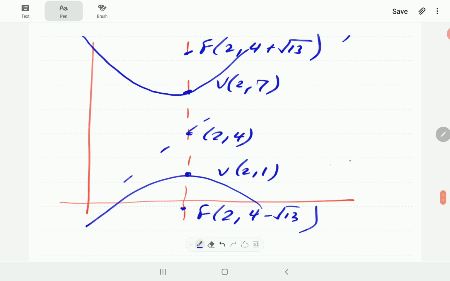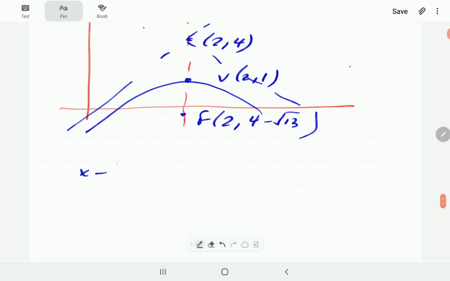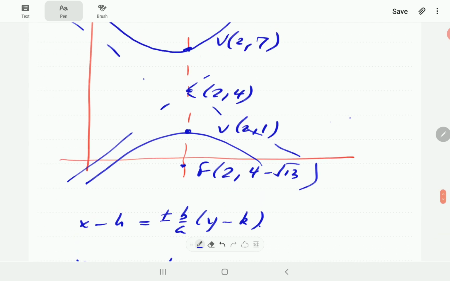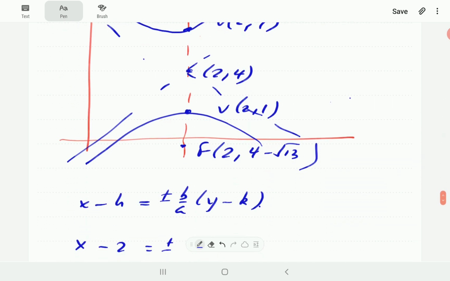All we are left to do are the asymptotes now. The asymptotes will be given by x minus h equal to plus or minus b over a y minus k. So h is 2, b is 2, the other one, a, is 3.